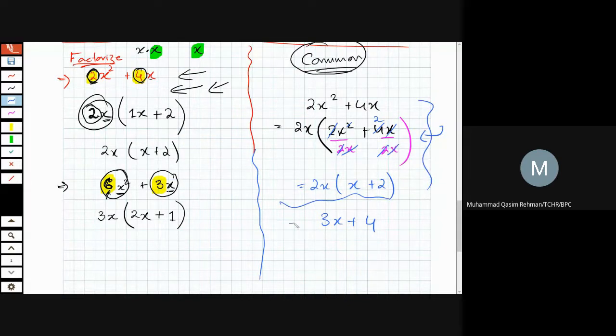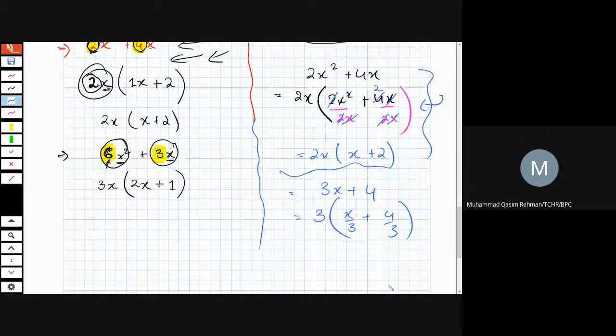So for example, if I want to take 3 as common, all I have to do is divide 3 with each of the terms. Yes, there we go. 3 is taken as common. Are you getting my point? You can check this theory by expanding this, just for the checking purpose: 3 times x by 3 plus 3 times 4 by 3.